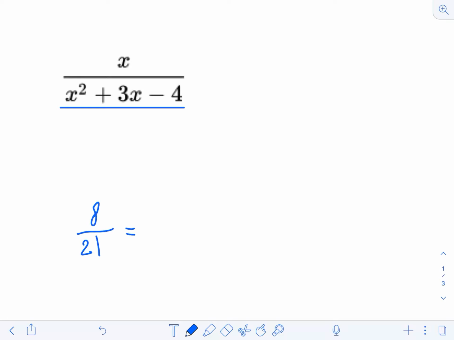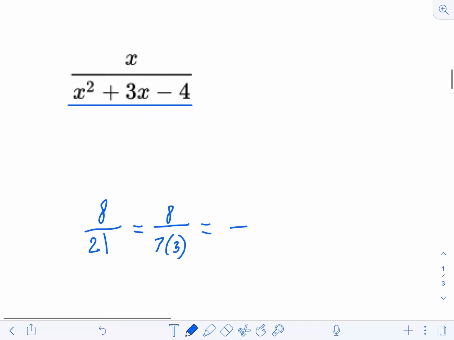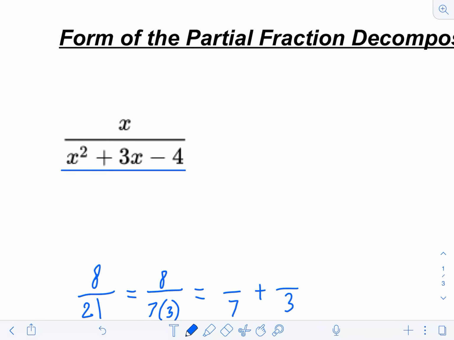The denominator can actually be broken down into 7 times 3. And that's actually the most useful because it allows us to break this fraction into something over 7 and something else over 3. We don't know what goes on the top, but we do know that whatever goes on the top, it has to add up to 8.